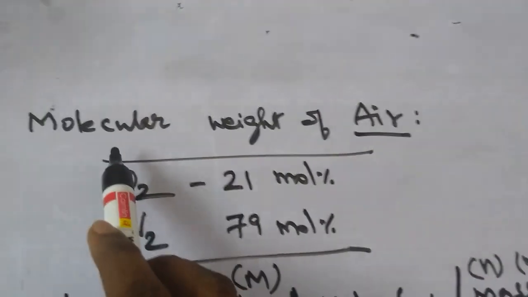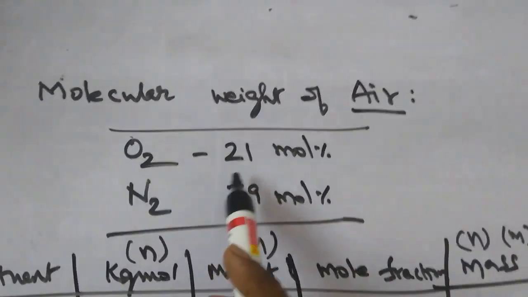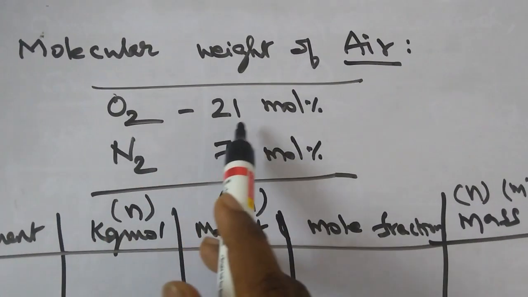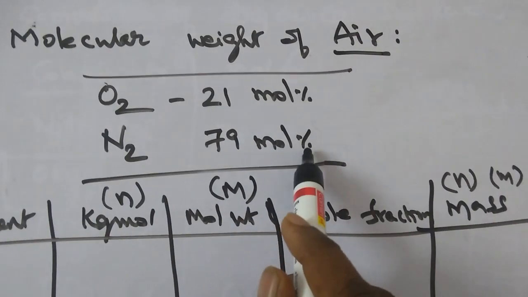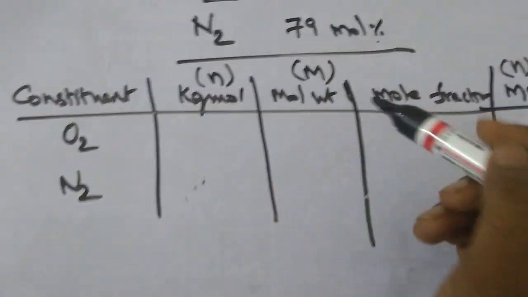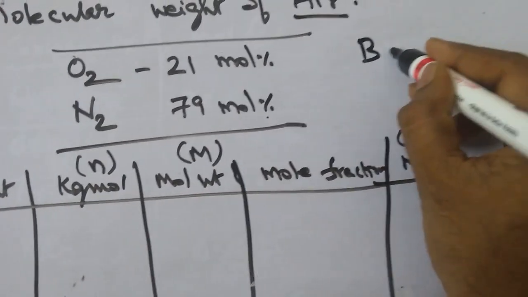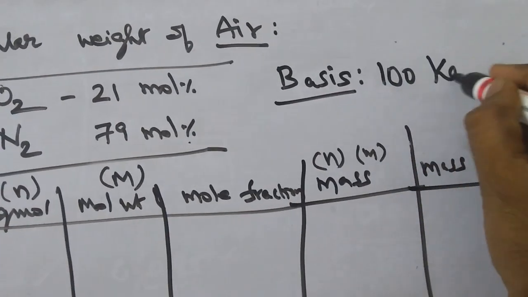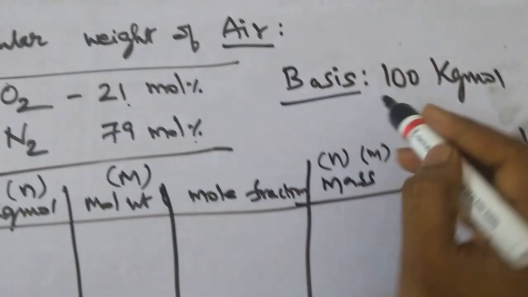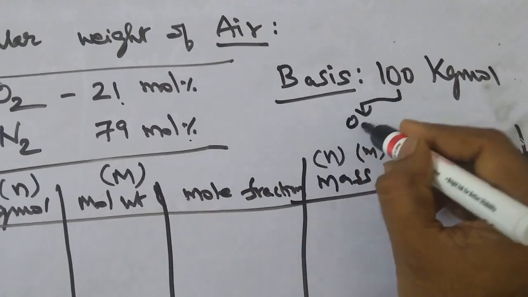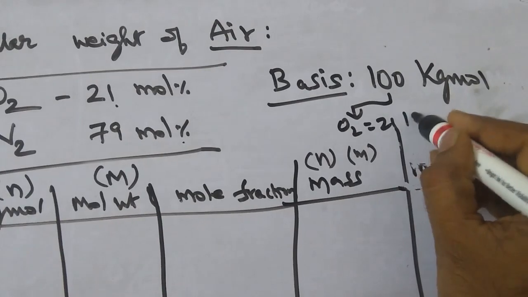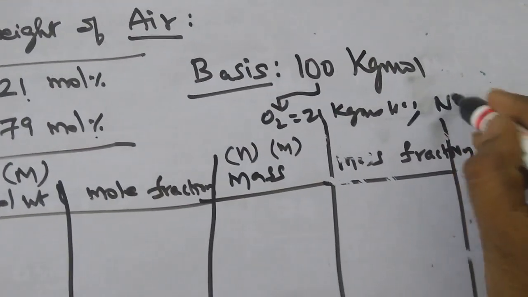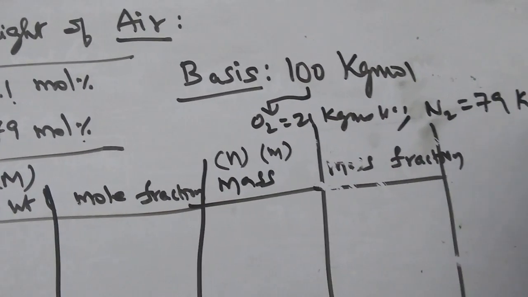Please complete this. If you determine the average molecular weight of air, this composition will not be given. By this time we should be knowing it: oxygen is 21 mole percent, nitrogen is 79 mole percent. So we consider a basis of 100 kg moles. Oxygen equals 21 kg moles and nitrogen 79 kg moles.